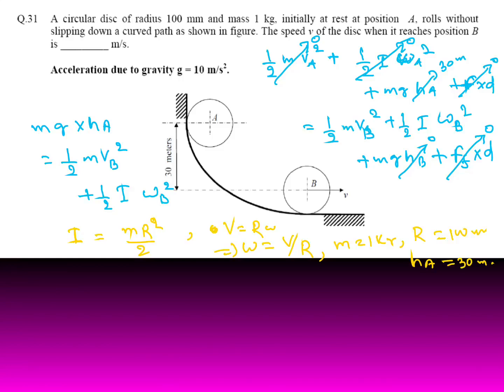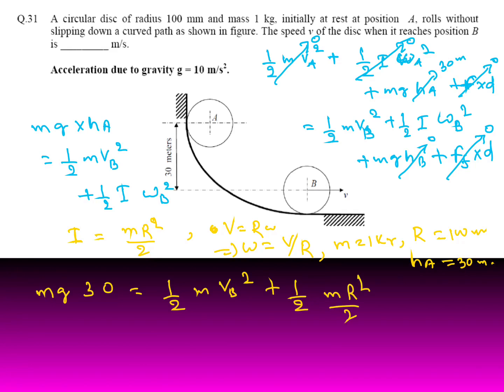Then mgHA, g into 30, it's equal to half mass into vB square plus here half I is mr square by 2 into omega square.